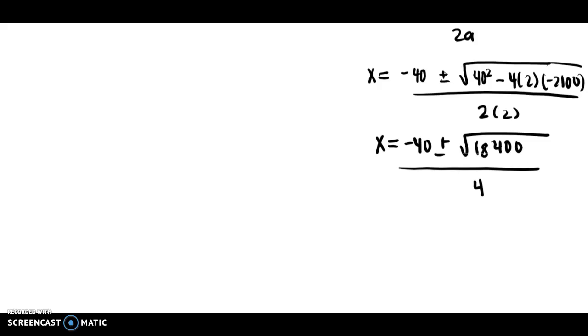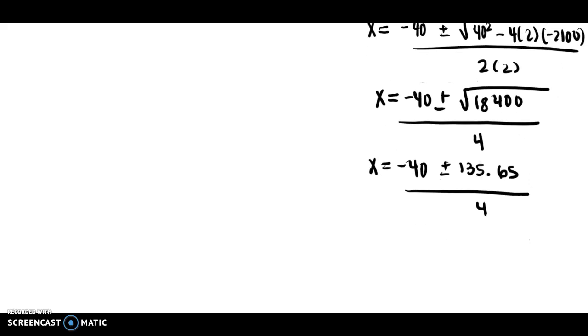Okay, and we don't, so since we're dealing with a word problem, I'm going to convert it into a decimal. So negative 40 plus or minus 135.65 all over 4, using 2 decimal places. Then remember, we're going to break this up into 2.